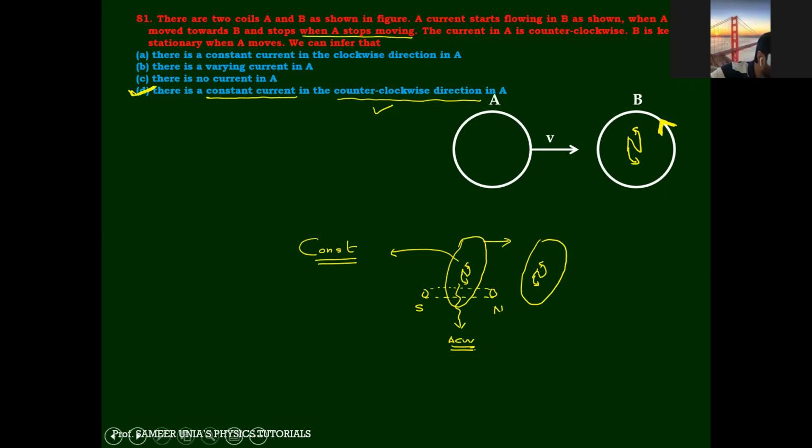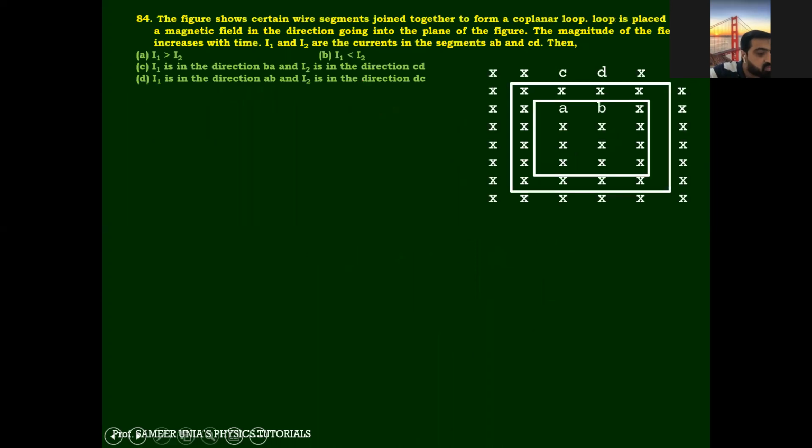Eighty-fourth question. 82nd is the same type only. These are all questions taken from NCERT. This is an NCERT question. 82nd is also NCERT, try it. I'm going to 84.